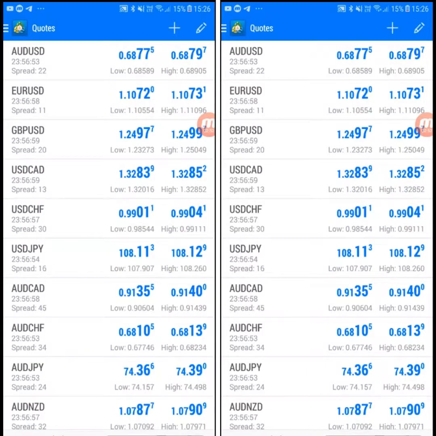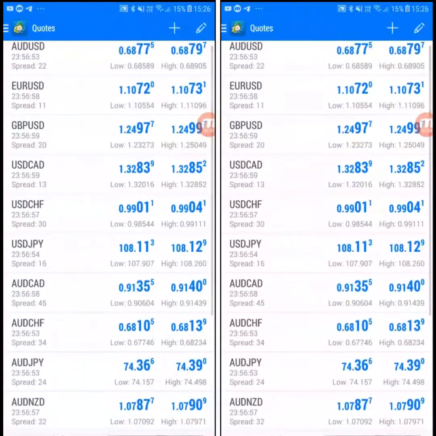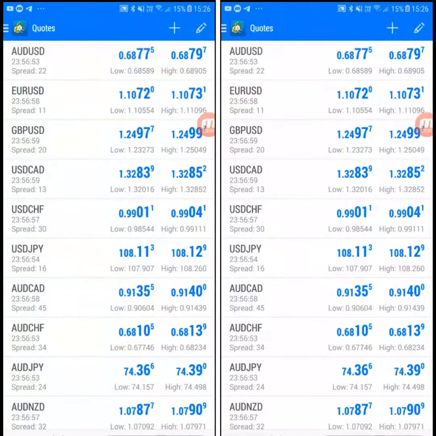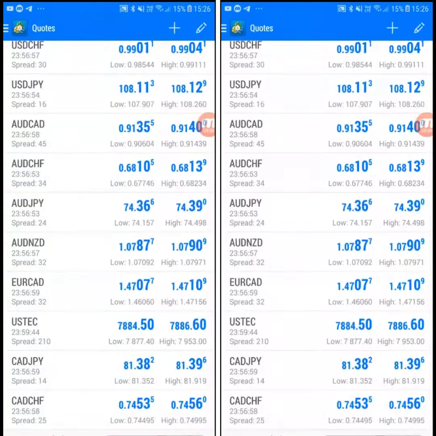Why? Because USD CAD is on the right, and also Euro CAD is on the right, and also AUD CAD is on the right, meaning that they will go to the same direction. Again, if CAD JPY goes down, CAD CHF will go down too, because the CAD is both on the left. This is correlation of the market.